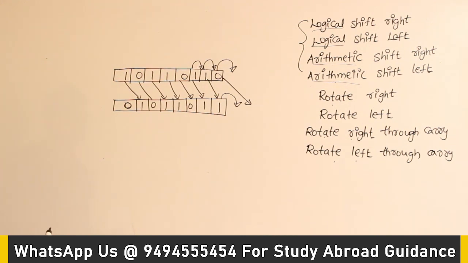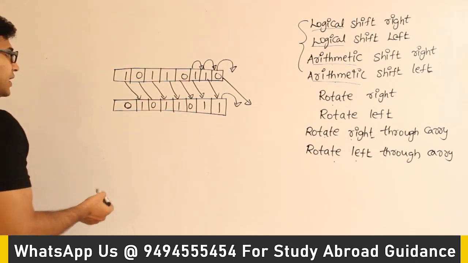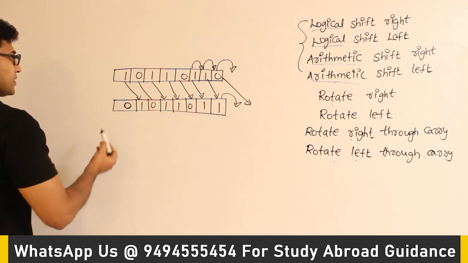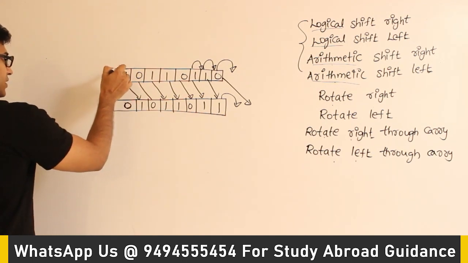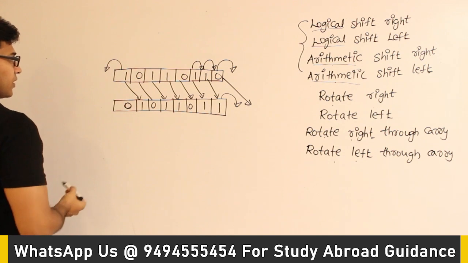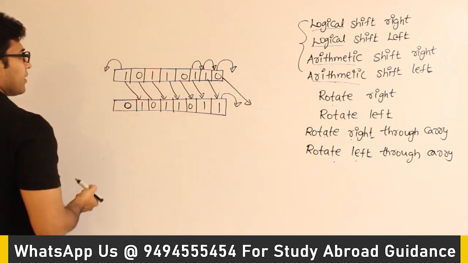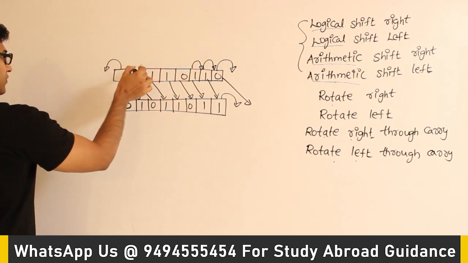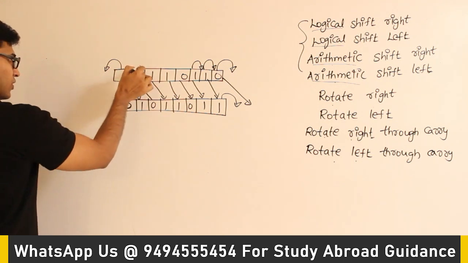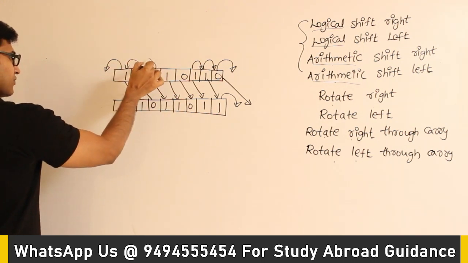Now similarly, left shift will work in the exact opposite way, which means we shift all the bits to the left. This is right and this is left. Now this one is shifted left, which means this one will fall off and this one will move here and this one will move here.